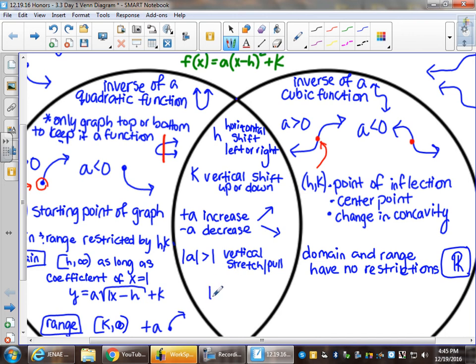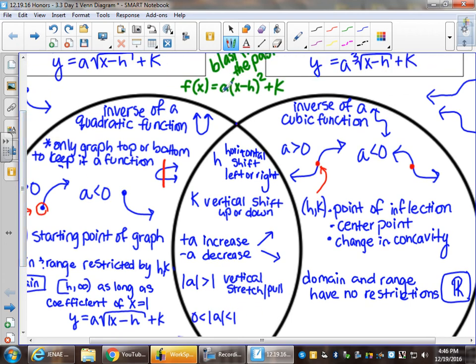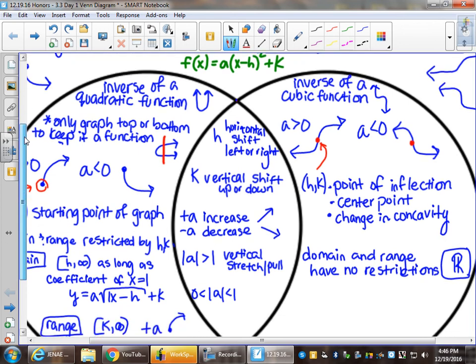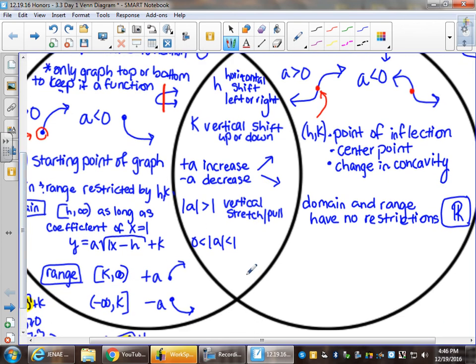On the flip side of things, if the absolute value of a is between 0 and 1, what would you say when we dealt with quadratics? Like if a was 1/2, what would you say about the shape of that u? You would have told me that that was more wide. So same happens here.